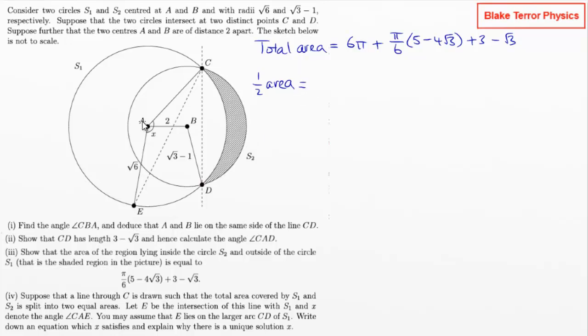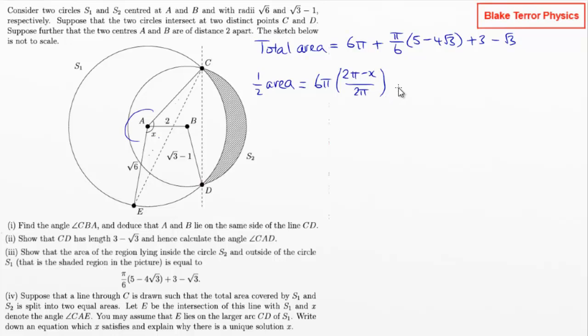So we've got the sector S1, so that is the total area, our 6 pi of the big circle. And then the angle round here is 2 pi minus x, and then divide that by 2 pi. Right, that's that bit. But then we need to add on this triangle, the CAE triangle.